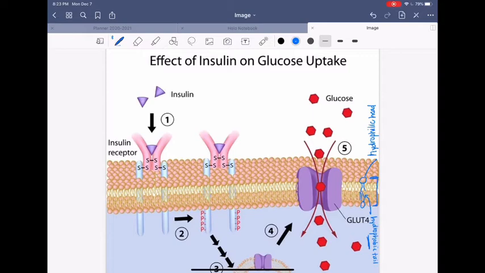You'll notice that the phobic tail is kind of crouched in here in the middle where it's not going to encounter the water, like in the aqueous environment of the cell. And so the hydrophobic tail is on the inside. The hydrophilic head is on the outside of this phospholipid bilayer, which is the cell membrane.